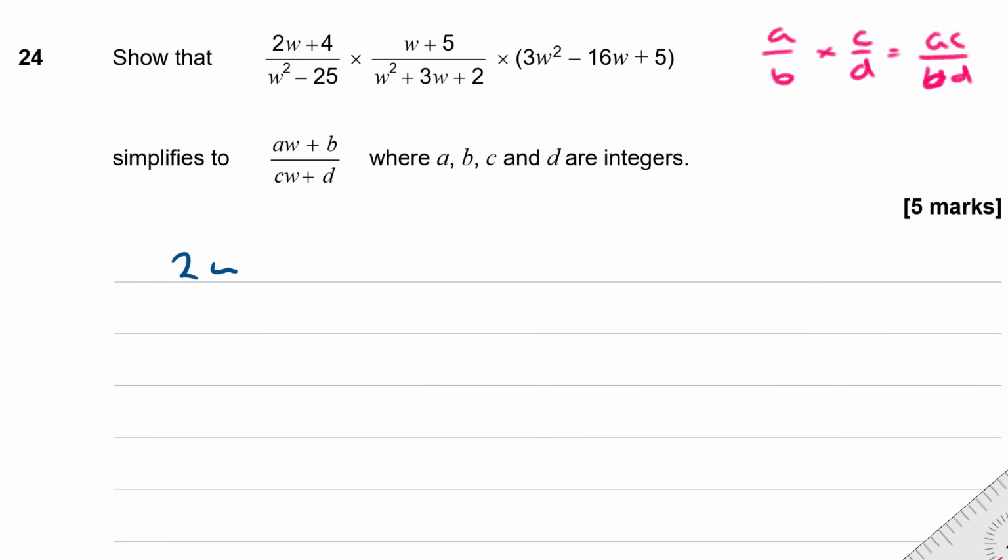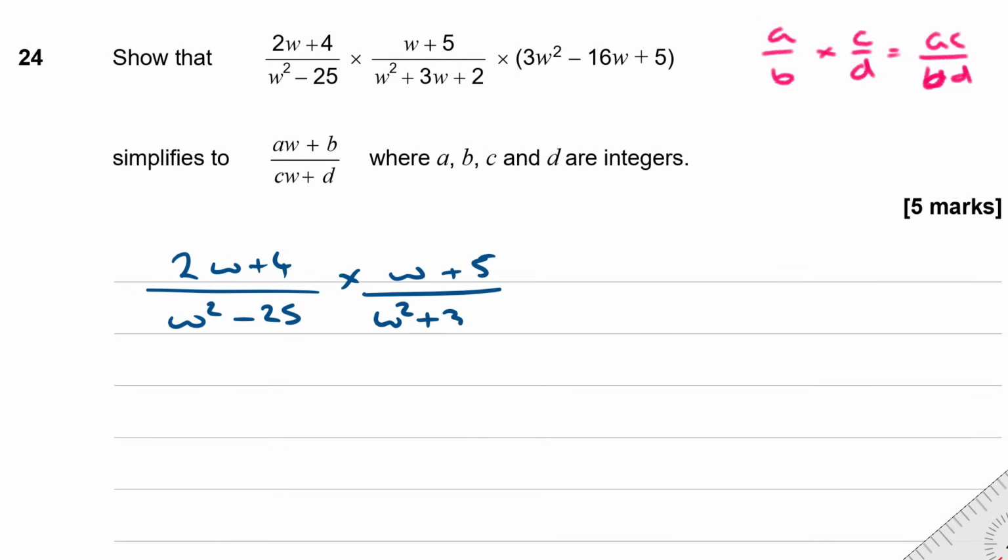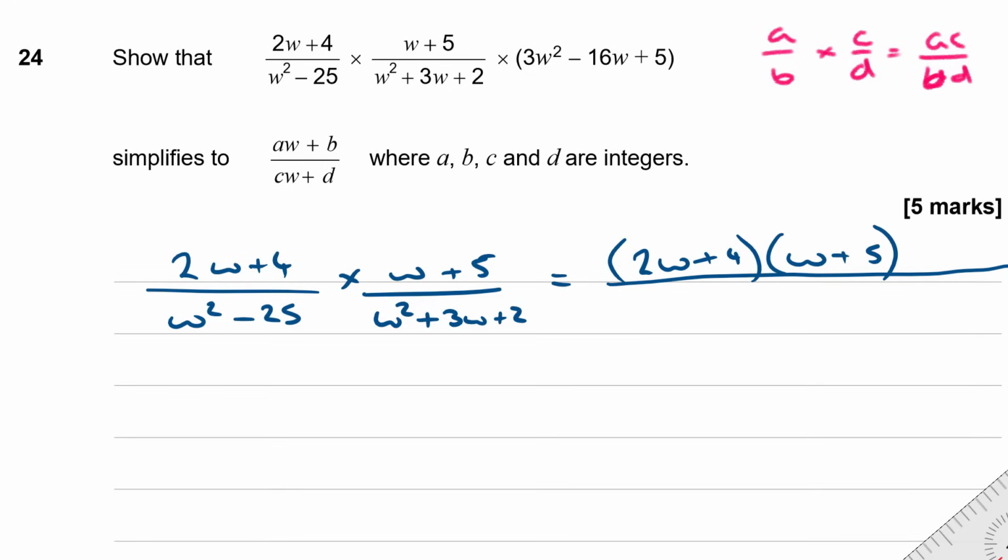Okay, so let's start with 2w plus 4 over w squared minus 25 times w plus 5 over w squared plus 3w plus 2, and that's going to equal something all over 1. So 2w plus 4 times w plus 5 over w squared minus 25 times w squared plus 3w plus 2.